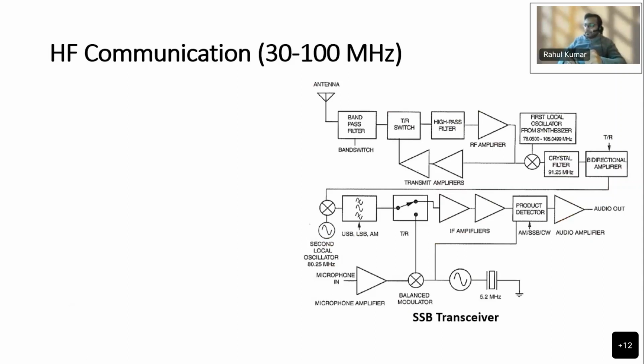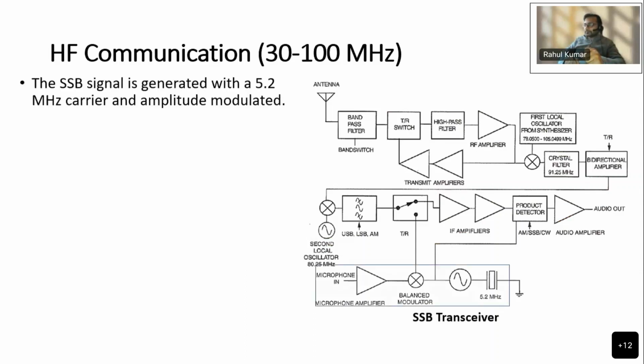Okay, so this is your high frequency SSB transceiver. So your SSB signal is generated at this frequency, 5.2 megahertz, okay, at a low frequency.